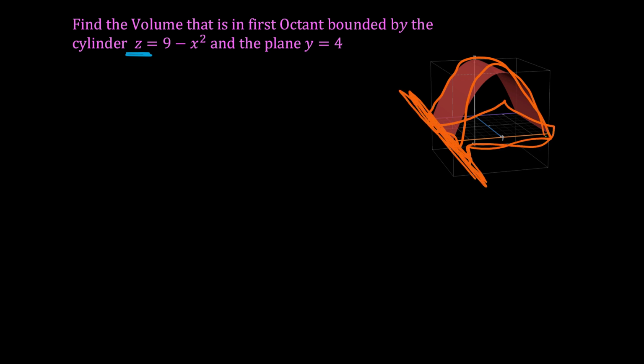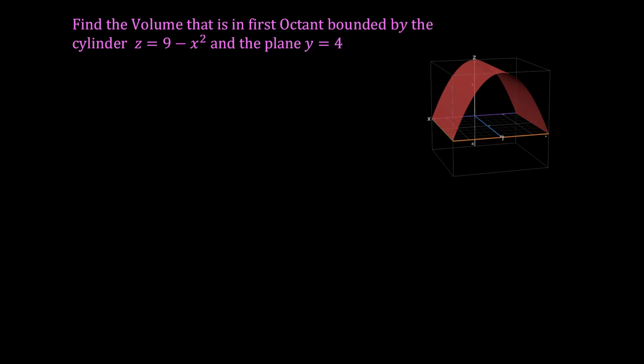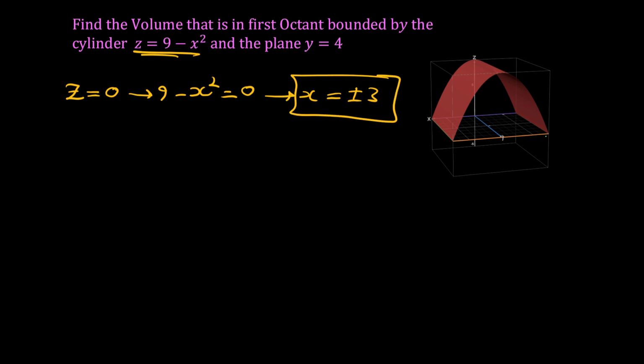We want to find basically this line, or you can say this point. So by setting z equals 0, we have 9 minus x squared equals 0. From this, we have two values, plus or minus 3. But because we have limited ourselves to the first octant, we only accept positive 3.